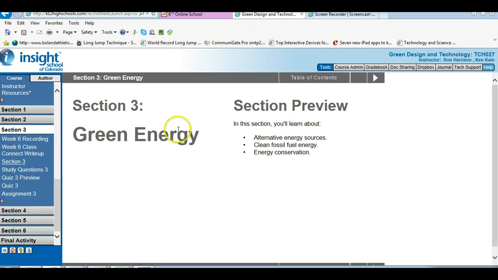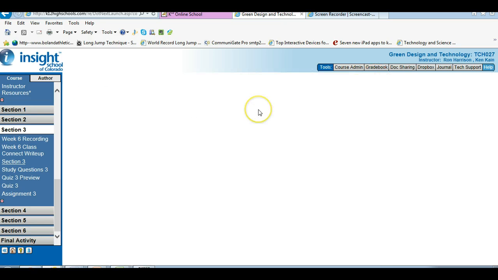So in this section, in section 3, this unit, alternative energy sources, clean fossil energy, and think about energy conservation. Well, this is really slow. I hope it works out for you guys okay.